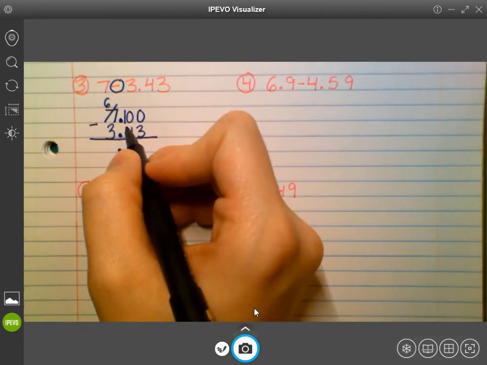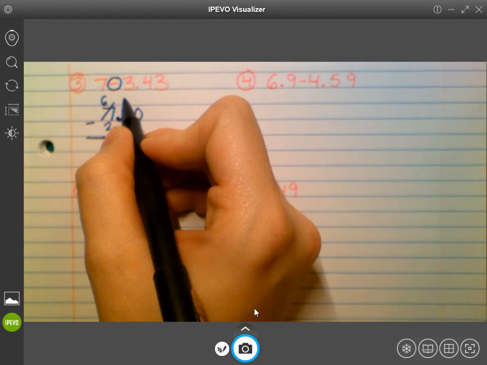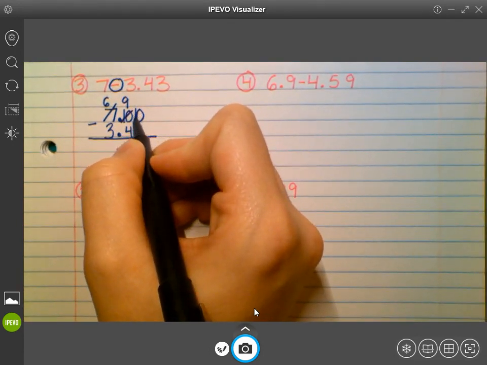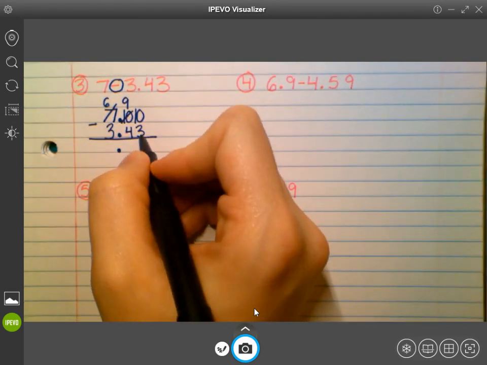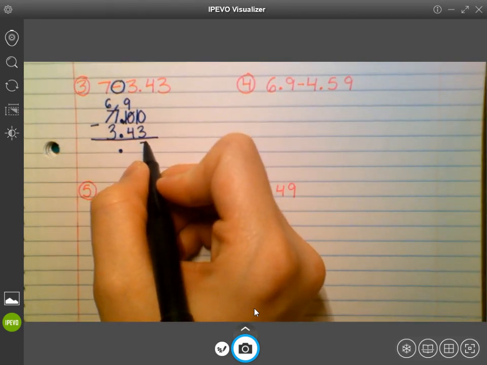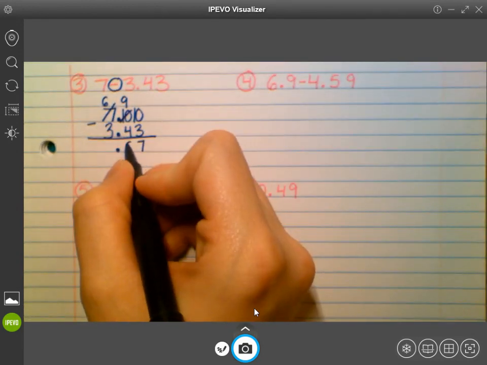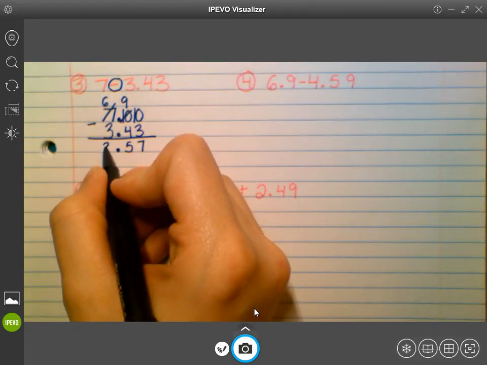That becomes a 10. Now I can borrow from the 10, turn that into a 9, and then bring the 1 over to my hundredths place. Now I'm ready. So 10 minus 3 is 7. 9 minus 4 is 5. 6 minus 3 is 3.